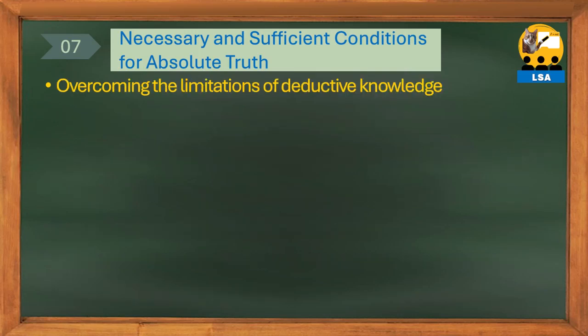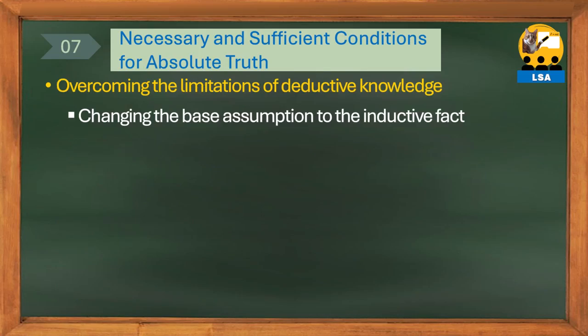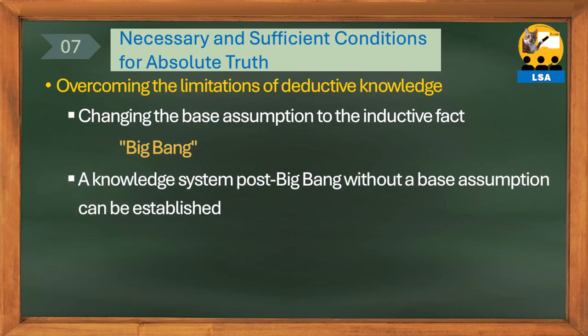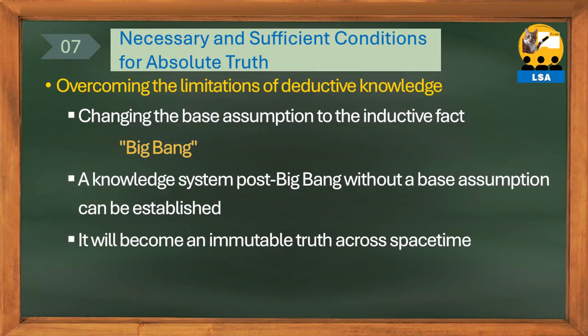If we can change the base assumption of deductive knowledge to an inductive fact, a true proposition, which is the cause of the universe's creation and the principle of change called the Big Bang, we can establish a knowledge system post-Big Bang without a base assumption and obtain an immutable truth across spacetime. We overcome the limitations of deductive knowledge to satisfy one condition of absolute truth, and if we secure universality for humans additionally, we can obtain absolute truth.